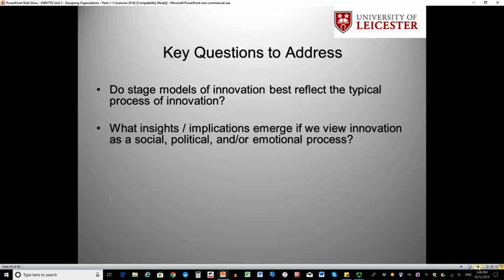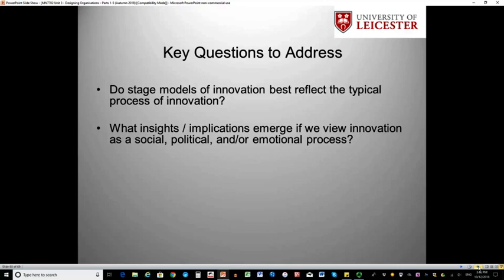And can we move beyond those simple stage models? So do these stage models best reflect the typical process of innovation, and can we think differently about that?